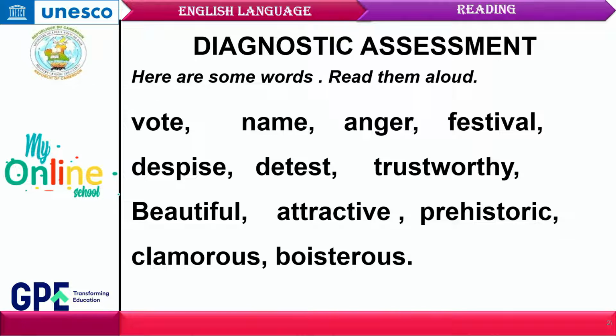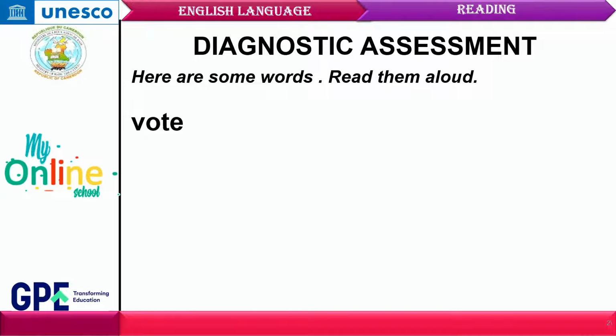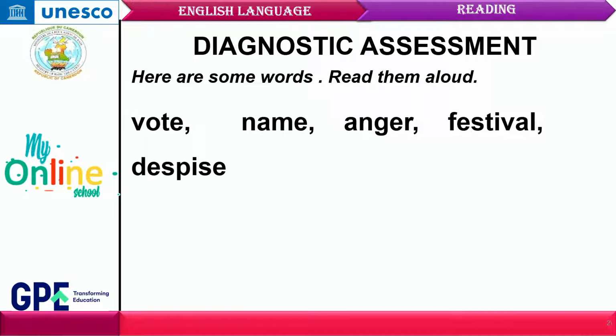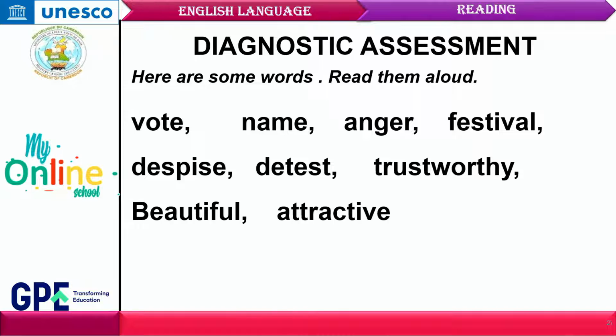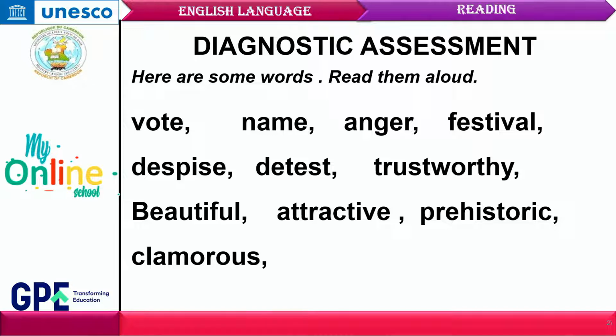Let us try reading them together. Vote, name, anger, festival, despise, detest, trustworthy, beautiful, attractive, prehistoric, clamorous, boisterous. Did you read them correctly?